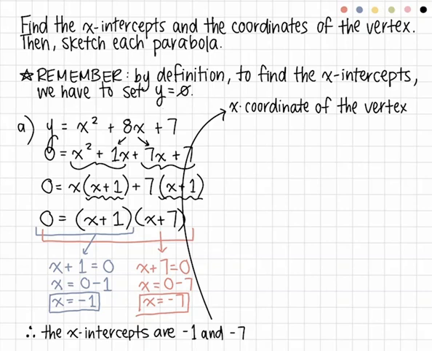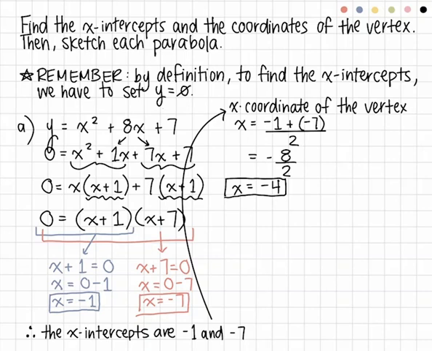I'm going to take my 2 x-intercepts. So I've got -1 plus -7 divided by 2. So that equals -8 divided by 2, which equals -4. Okay, that also happens to be my axis of symmetry.